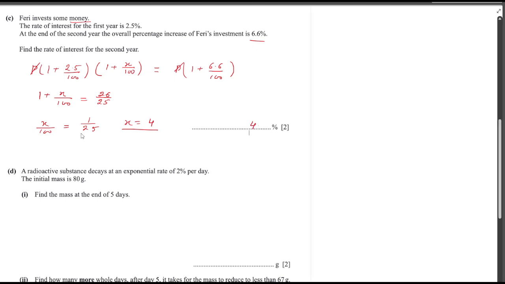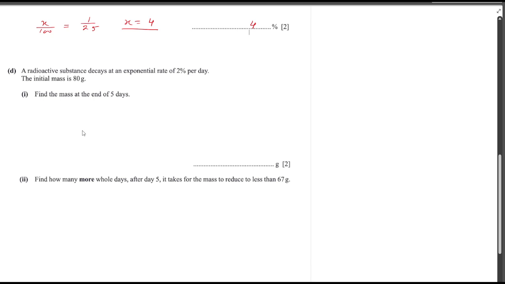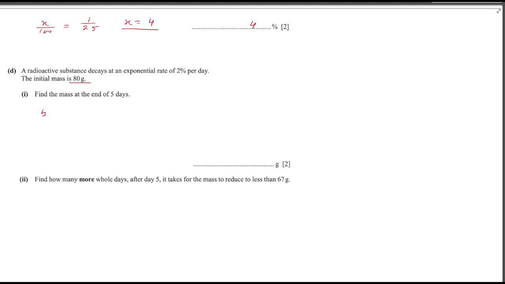A radioactive substance decays at an exponential rate of 2% per day. The initial mass is 80 gram. Find out the mass at the end of 5 days. So your initial weight is 80 gram. We have to find out the mass at the end of 5 days.